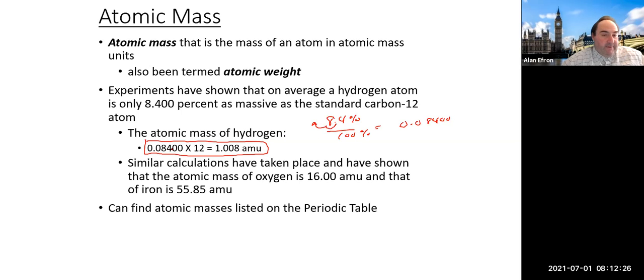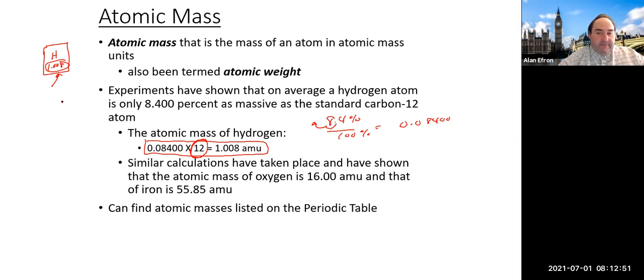That's 8.4% times the atomic mass of our standard isotope, which is 12, and it gives us a value of 1.008 AMU. And as we just saw on the periodic table, that is the number we see underneath hydrogen.